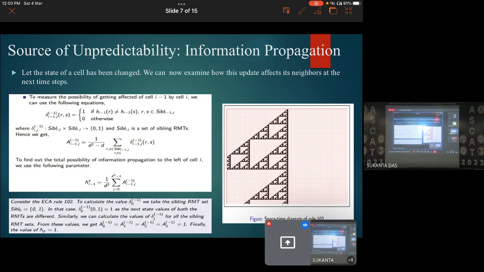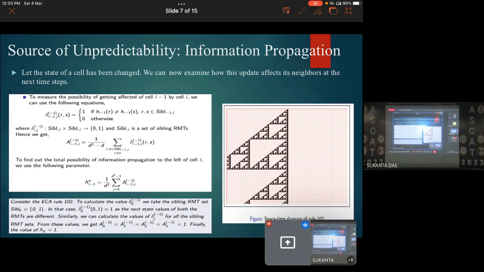Lambda p denotes the left propagation, which equals 1 by d square, where d is the number of states of the CA, times the summation of j equals 0 to d square minus 1, and the value a determines the change of all the sibling RMTs.